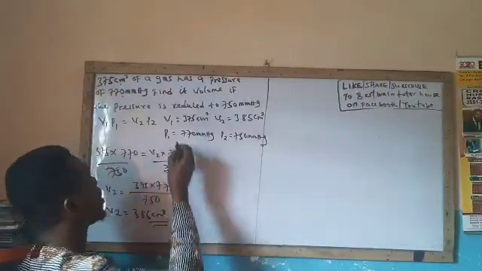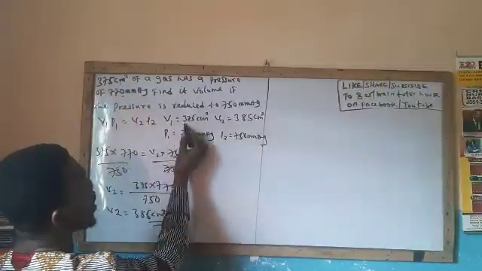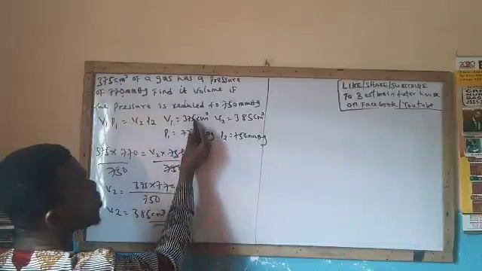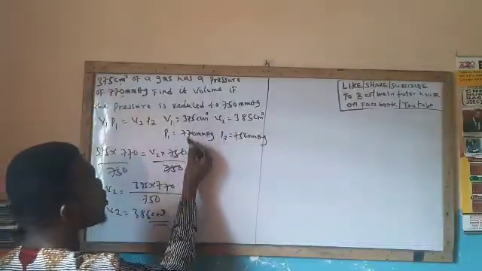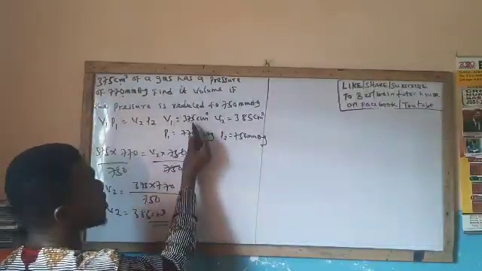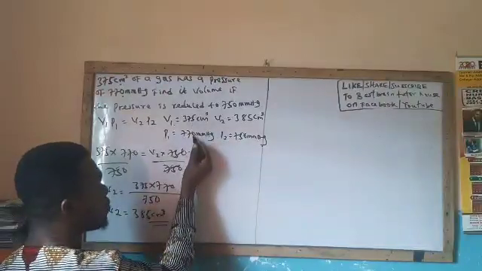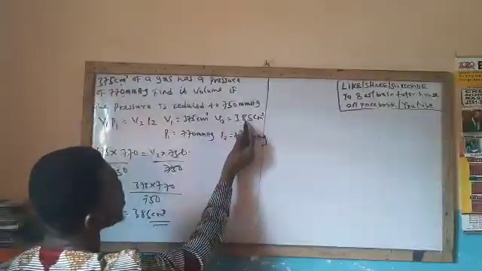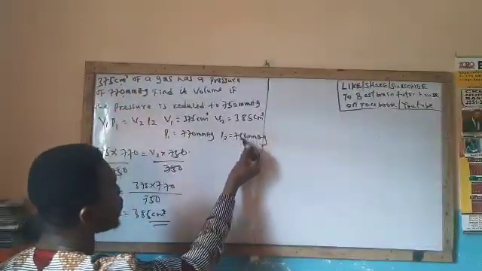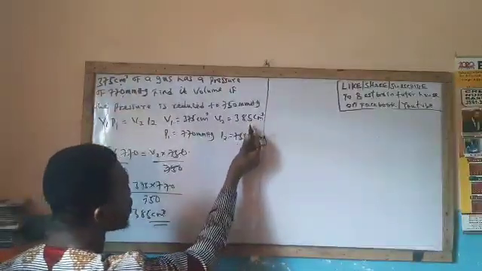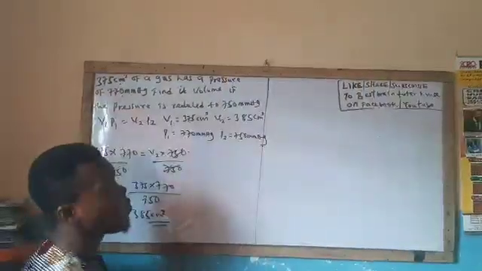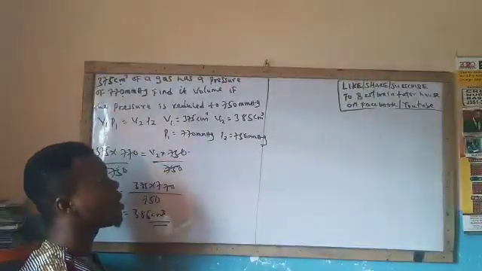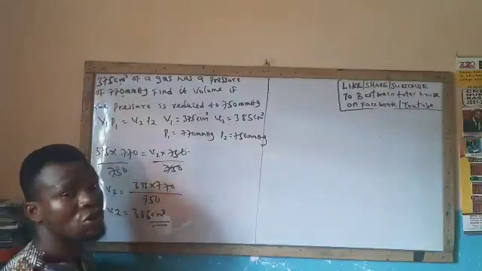Here, V1 is 375 and P1 is 770. When the volume increased to 385, the pressure decreased to 750. That simply means that an increase in volume brings about a decrease in pressure.